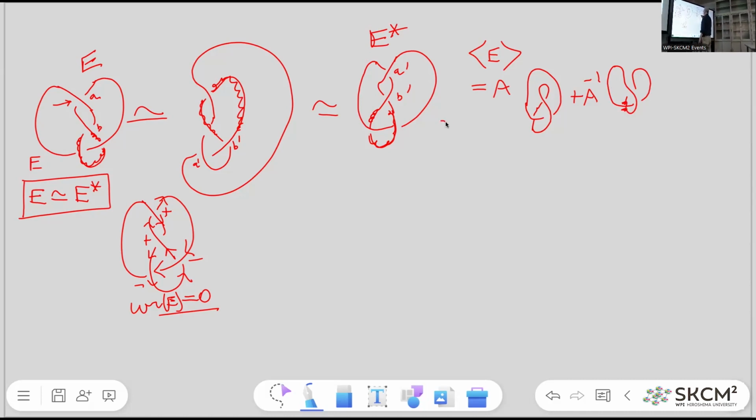Partly because I should have the figure 8 knot picture closer to me so I could refer to it. All right. So that's that again.